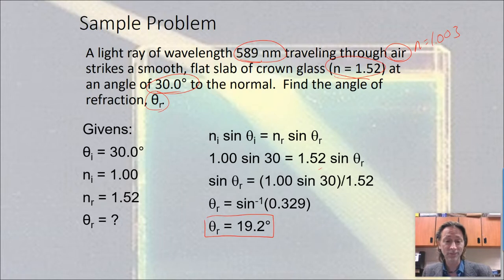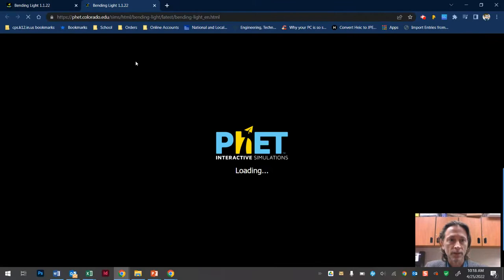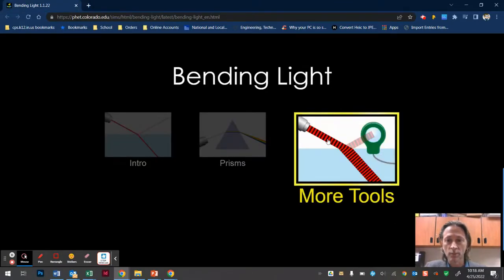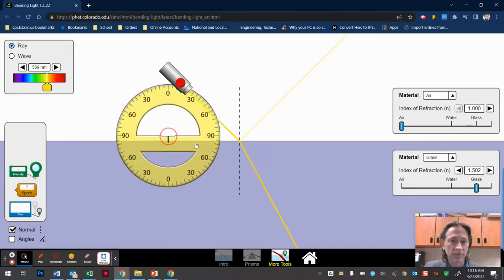So what we could do then is use a really cool PhET simulation to double check this. I'm looking at the PhET simulation here. It looks like I had it already up. I'm going to go to More Tools, and I can set this to be the 589 that was coming in at an angle of 30 degrees.